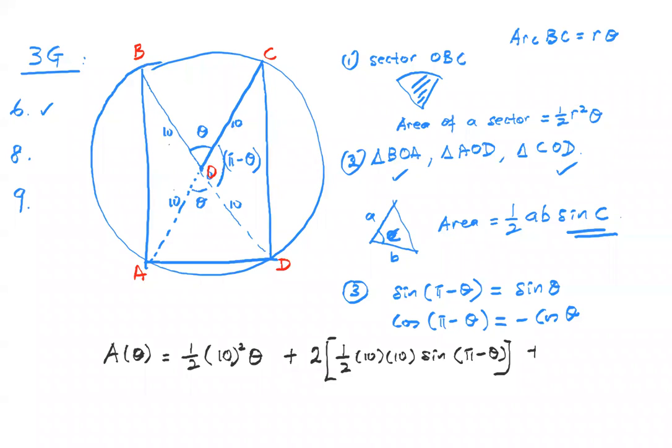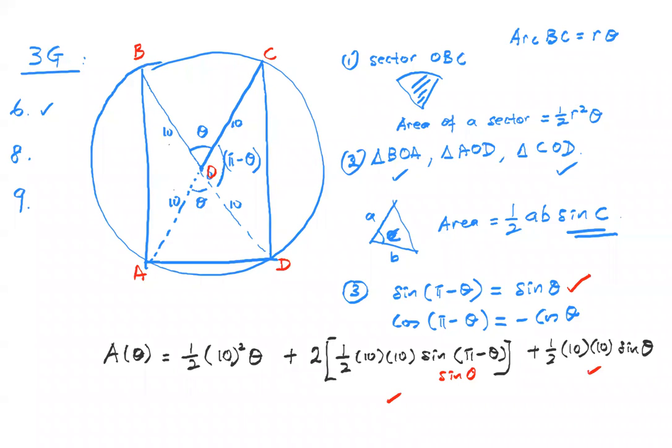Plus the area of triangle AOD, half A, B, sin, C. So I replace this as sin theta because they are the same. Am I right? So I got how many half? 10 times 10 sin theta. Here got 2, here got 1.